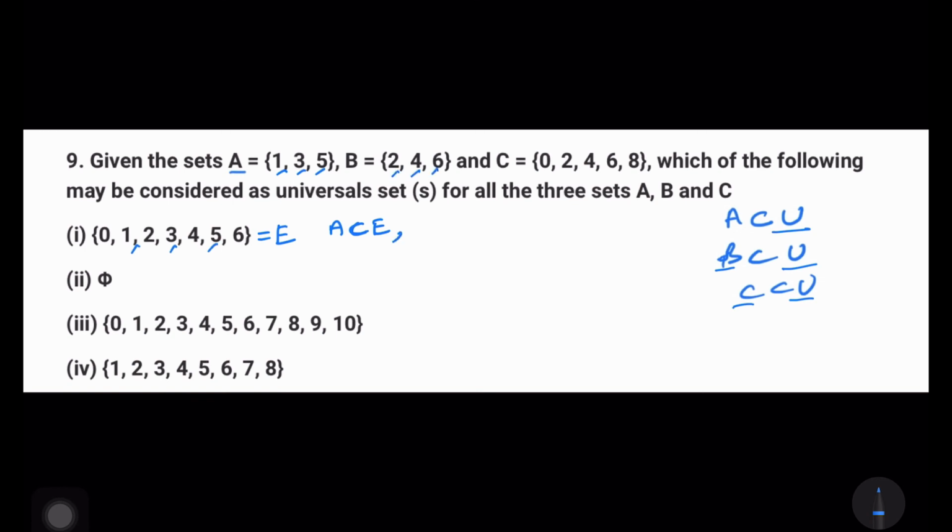Yes, 2, 4, 6 is here also. So we can tell B is also a subset of E. Next, C: 0 is there, 2 is also here, then 4, then 6, but you don't have 8. So C is not a subset of E. Therefore this is not the universal set. You cannot consider this as the universal set.